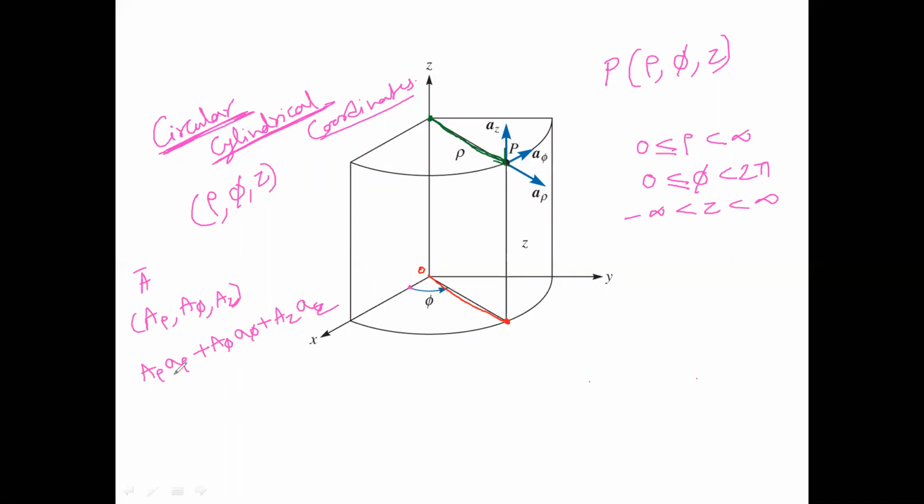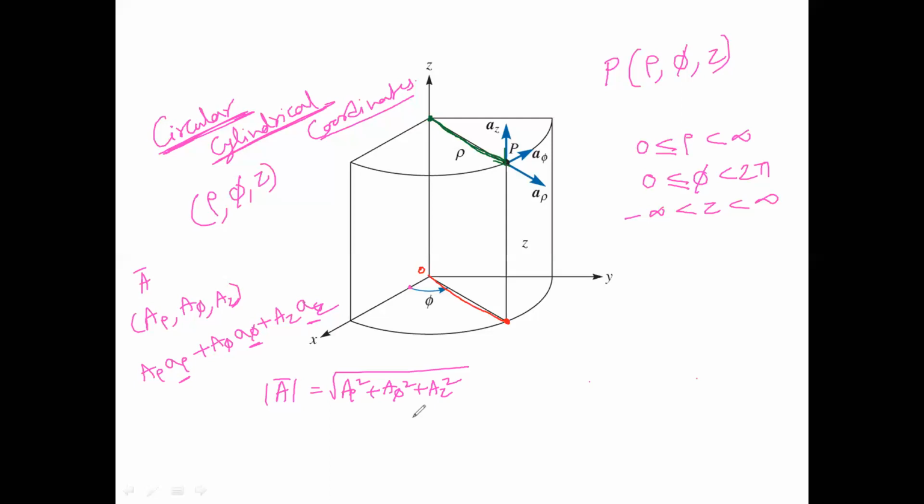If you take the magnitude, you get the modulus of A bar equal to root of A rho square plus A phi square plus A z square. Obviously, when you square each term, the unit vector dot products are 1. You can check the vector algebra video to understand why the dot product of a unit vector with itself is 1, where the dot product is explained.